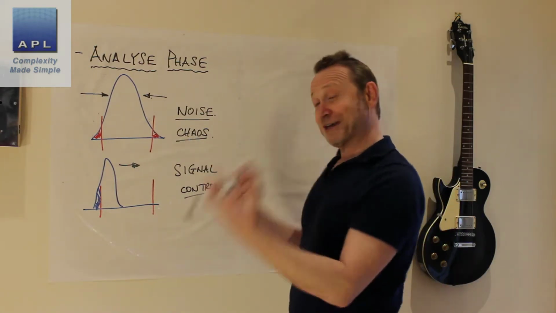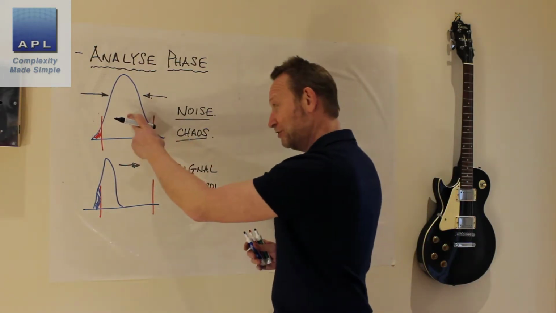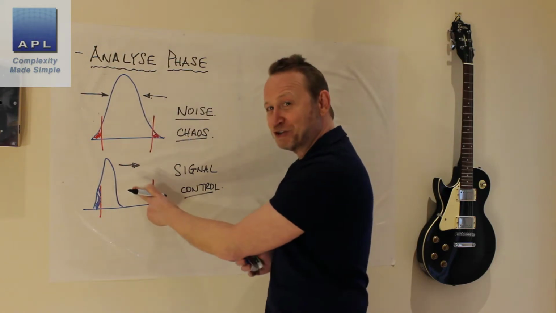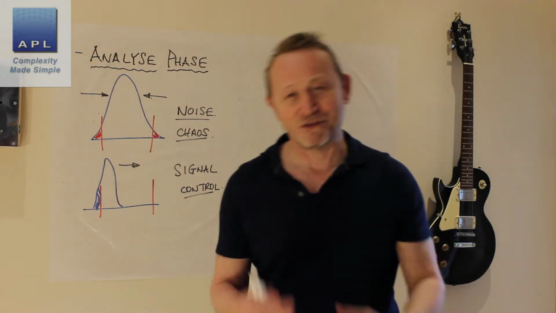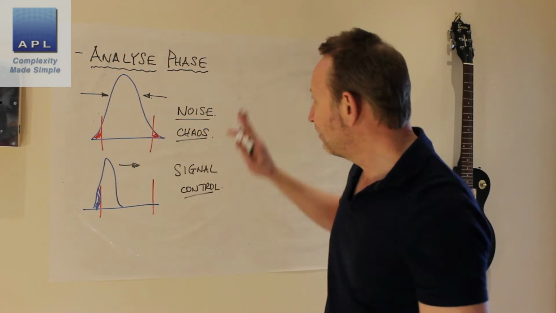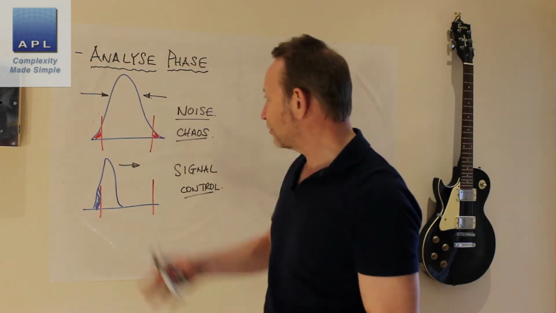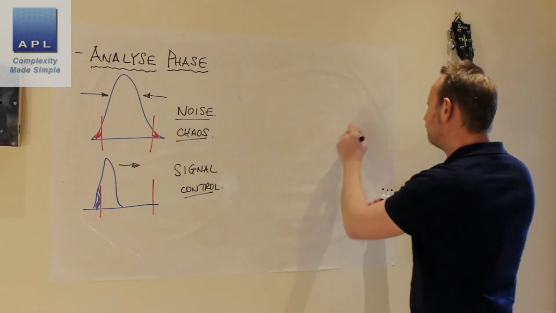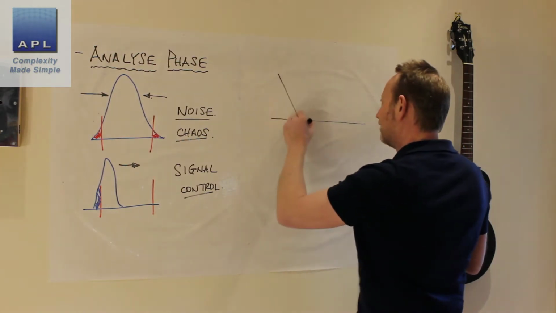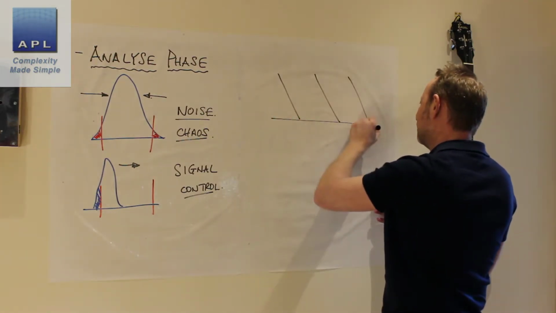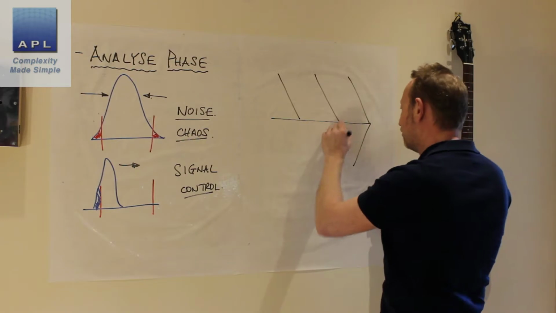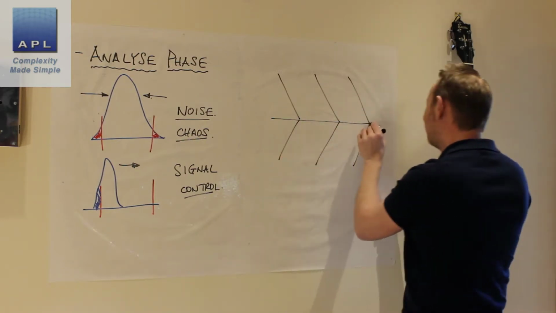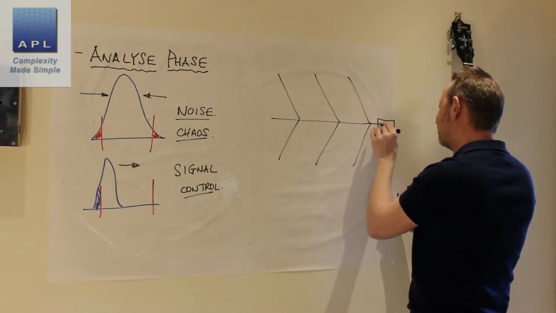You might also say in SPC, by the way, this is common cause variability, this is special cause variability. So there are lots of different ways of saying this, but in this analyze phase at the top here, if we've got to remove the noise, what analysis technique am I going to use? I'm going to use this fine diagram right here, the cause and effect diagram.